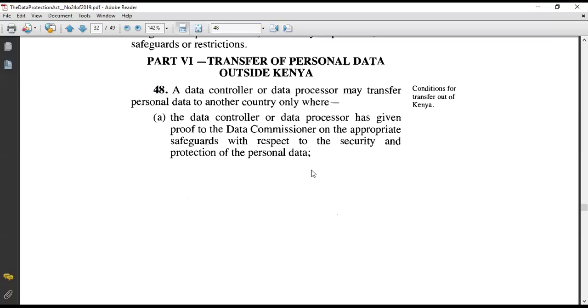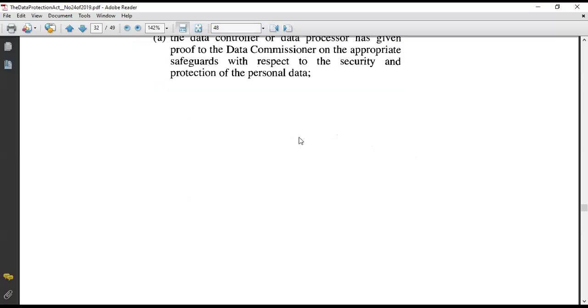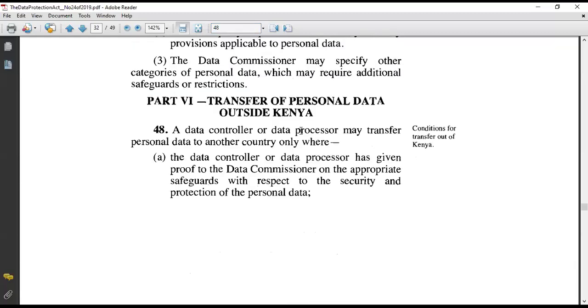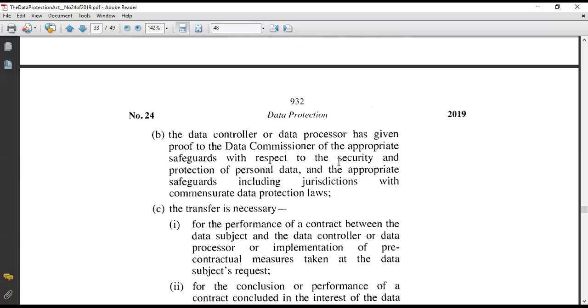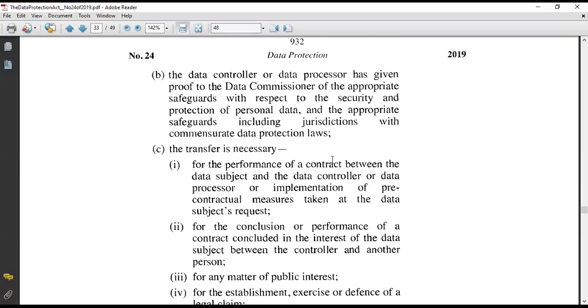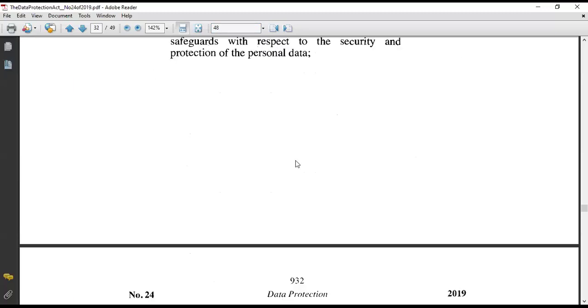So the data controller or data processor must give the data commissioner appropriate safeguards with respect to security and protection of the personal data. That is point number one.